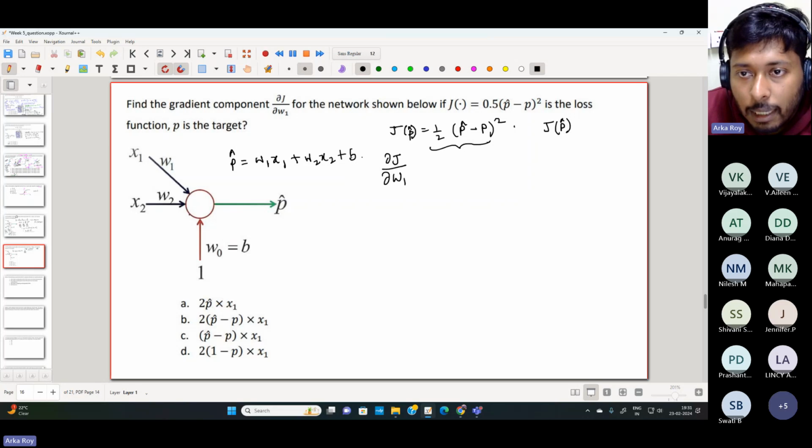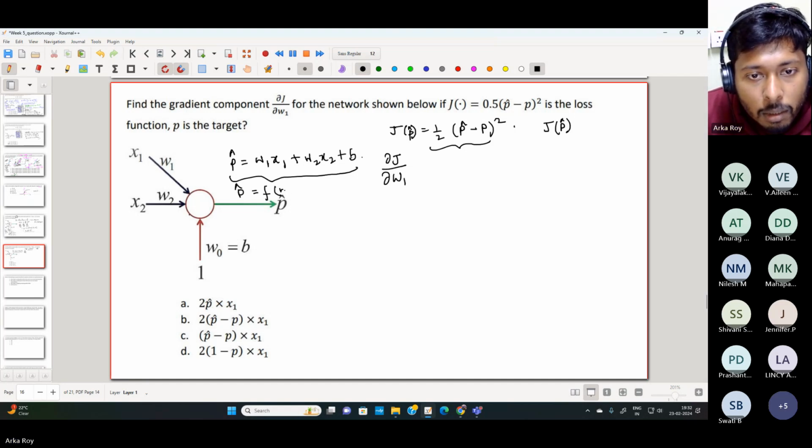So let us now check whether p hat is dependent on w1 or not. This is the equation of p hat, right? And now you can see that p hat is a function of w1, because there is a multiplication w1 into x1. That means p hat is dependent on w1.